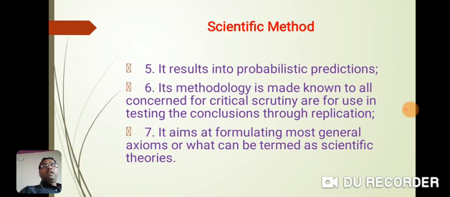Number 7, it aims at formulating most general axioms or what can be termed as scientific theories. The aim of scientific method is to formulate the most general theories, axioms, rules, principles, which are called scientific theories also.